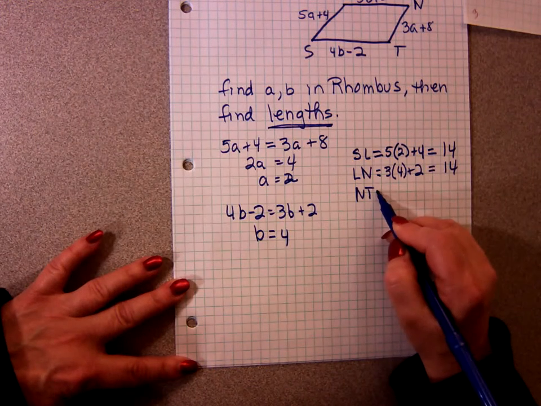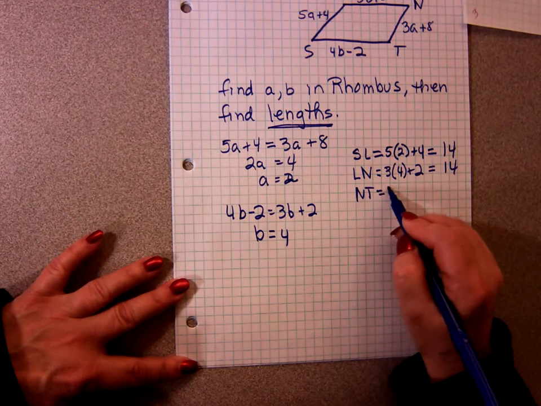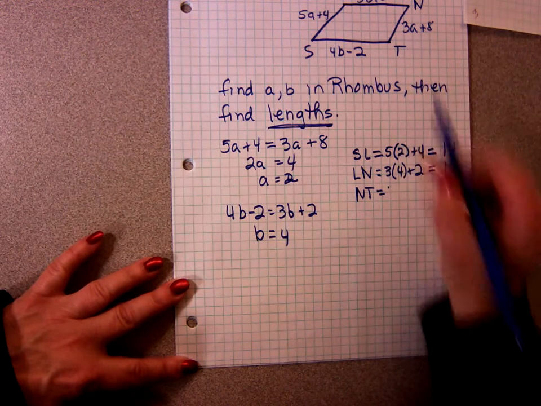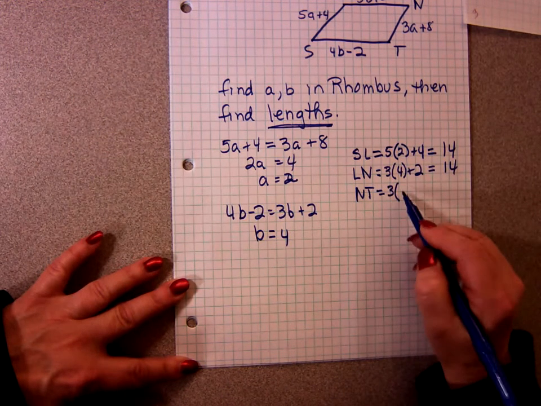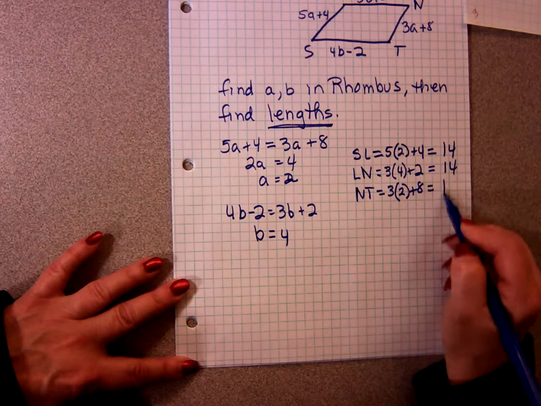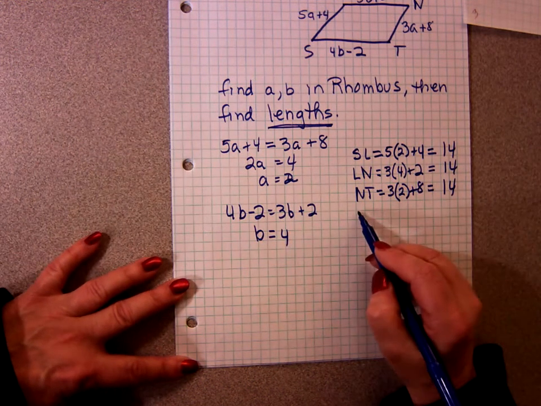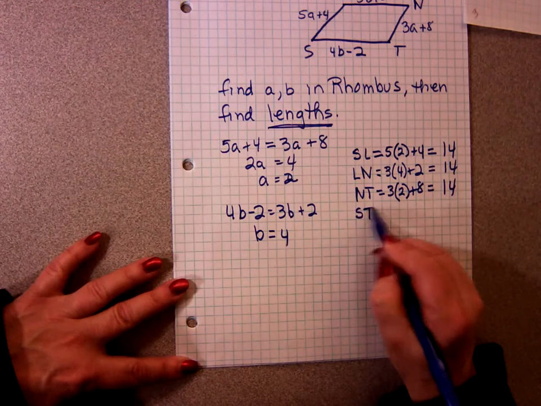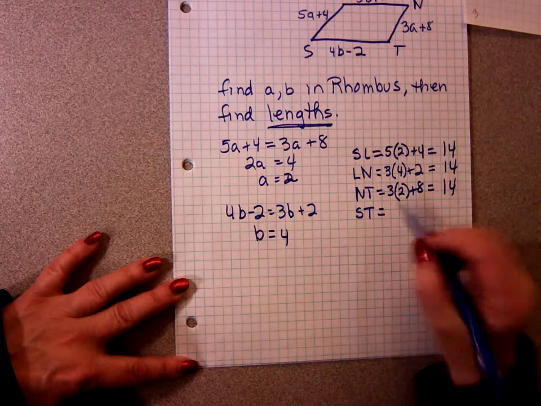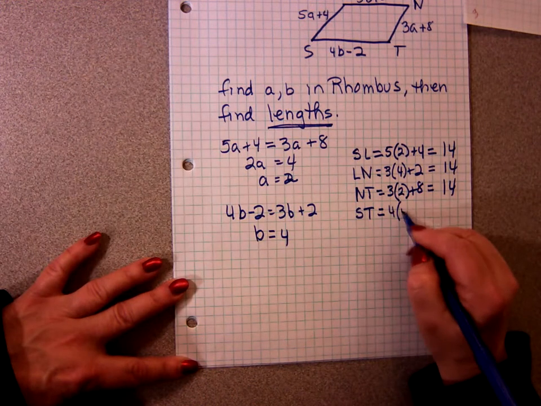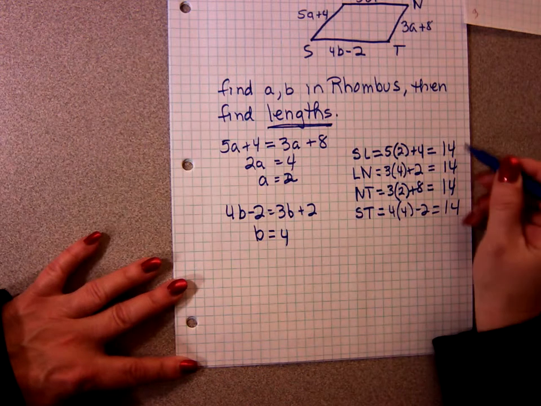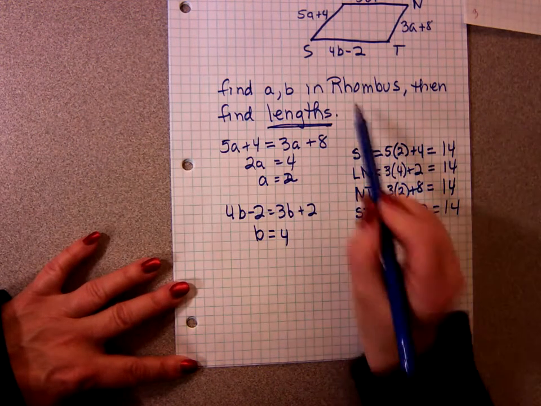NT, right here, 3 times A, which is 2, plus 8, 14. This is working out, right? ST, right here, 4 times B, which is 4 minus 2, and it better be 14. All the same lengths, because I told you it was a rhombus.